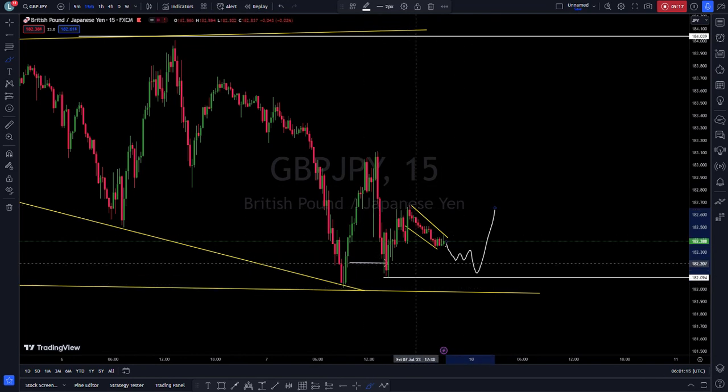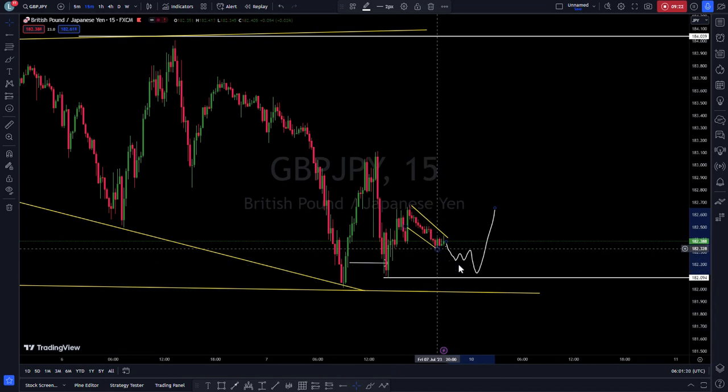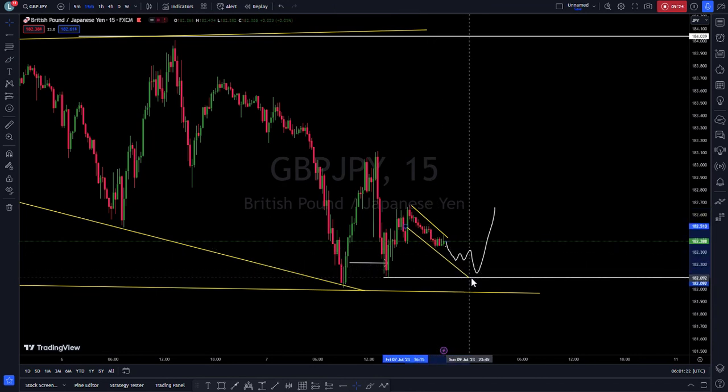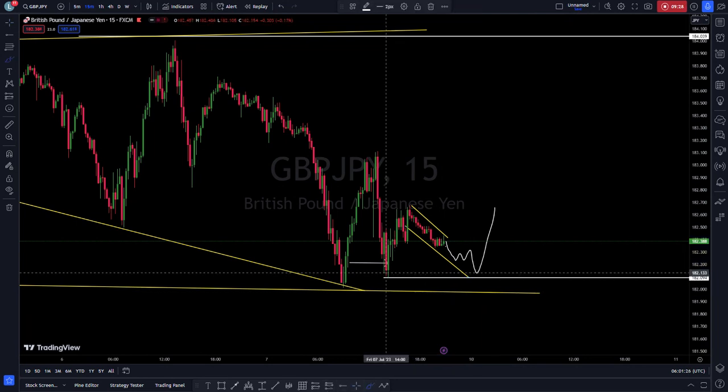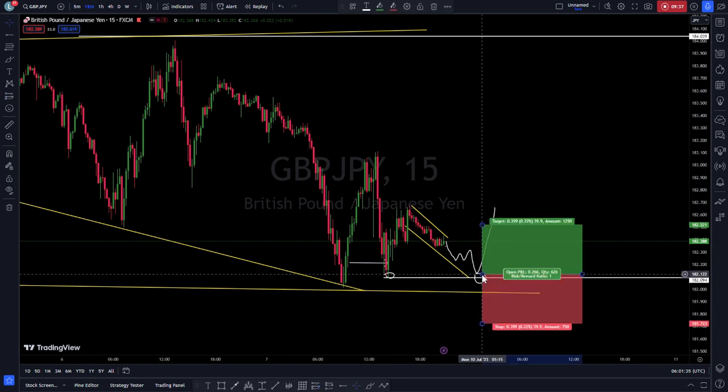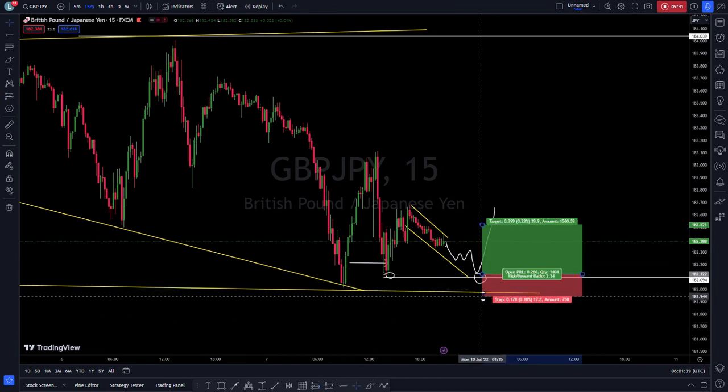It might rally to this double bottom area and just tag this double bottom, you know, to target for the buy. I might just be setting our buy orders here.